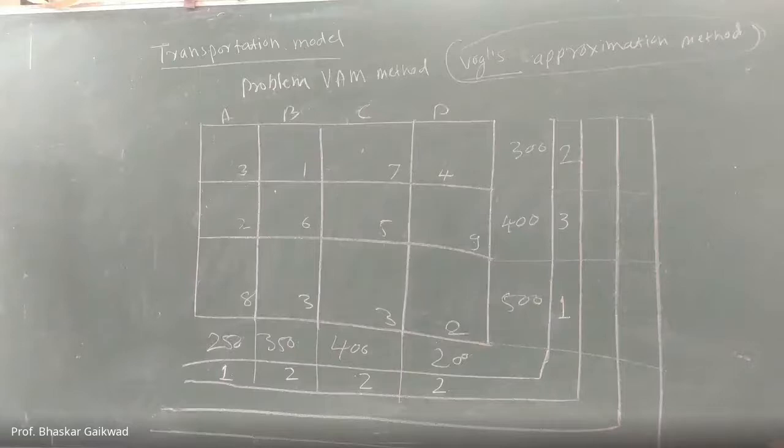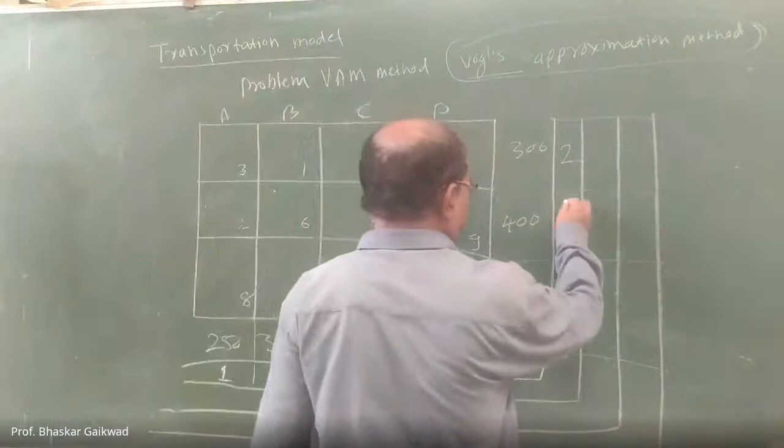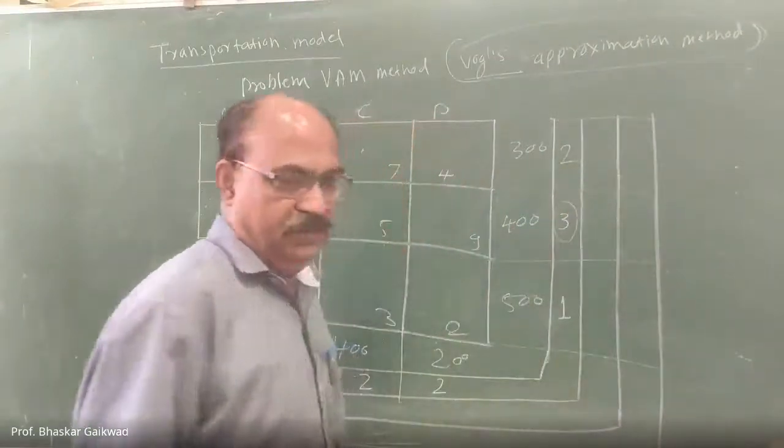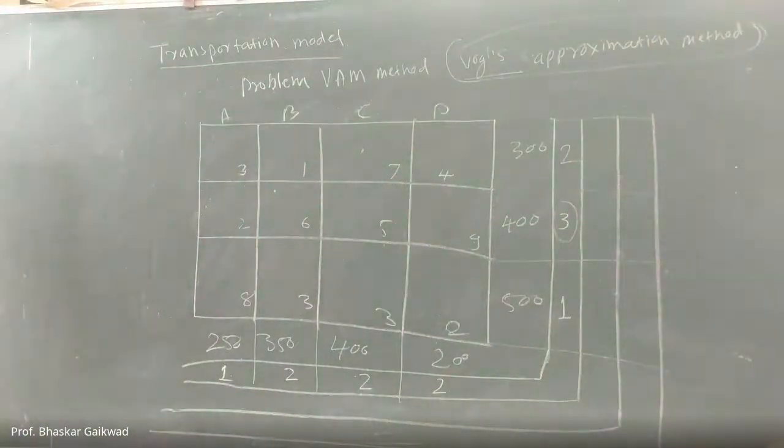Now, whatever values we have calculated, in those values you have to select the maximum number. So here 3 is the maximum. Now you select that corresponding row, and in that you have to select the minimum value.